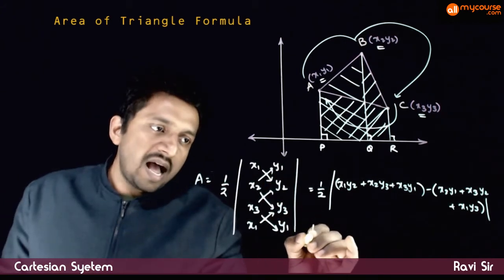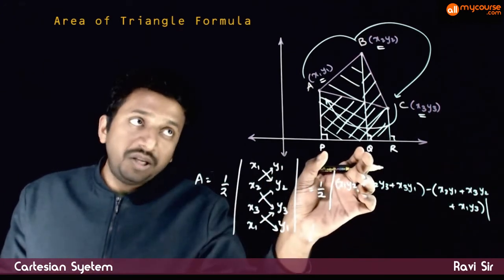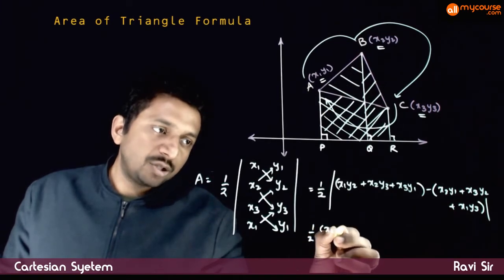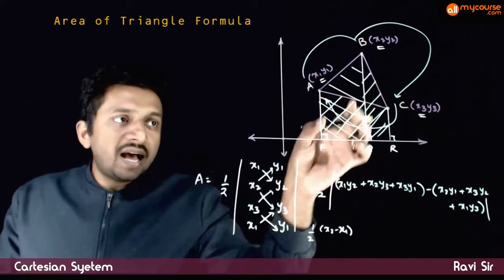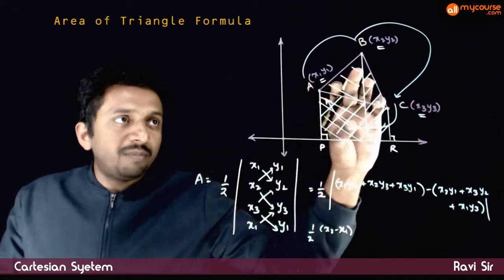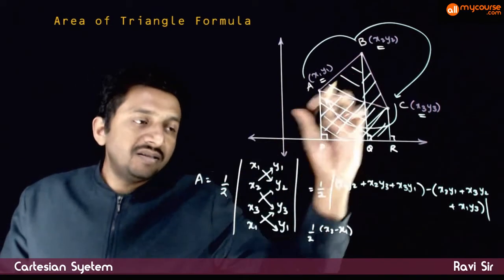So half H, where H is PQ, which is x2 minus x1, times A plus B, that is the sum of the parallel sides. This is y1, this is y2.